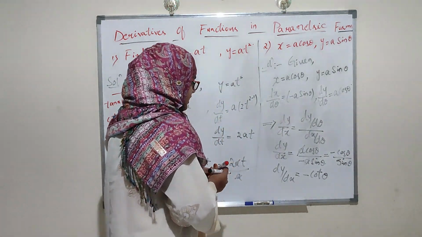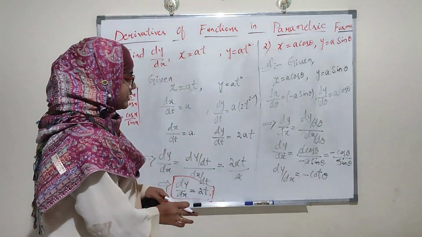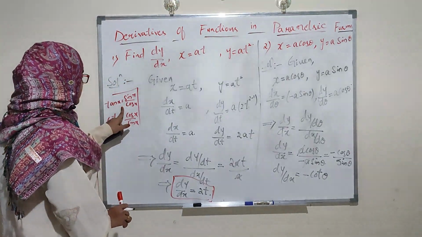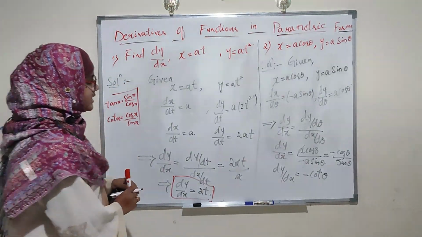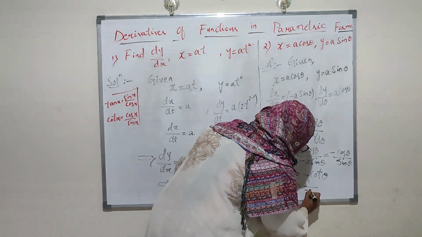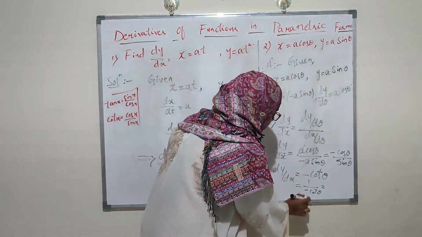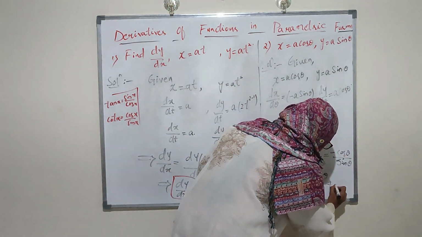So the final answer: if you want our value in terms of a positive number, then we have to take the reciprocal of this. So 1 divided by minus cot theta is equal to tan of theta.